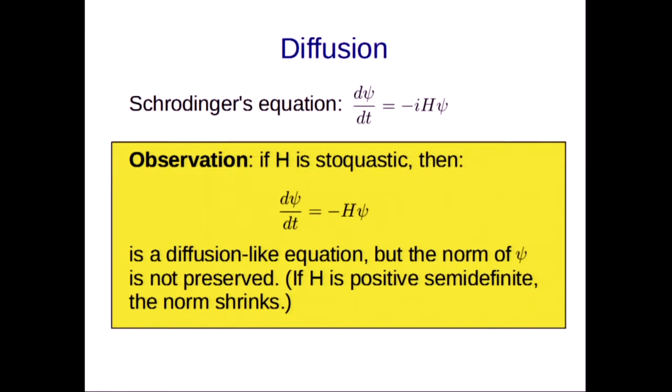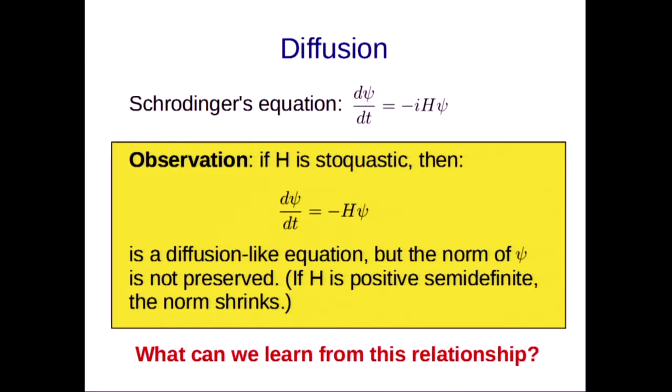And so it's kind of like a diffusion equation, but it doesn't preserve the norm of this vector psi. In particular, if H is a positive semi-definite matrix, then this norm is going to shrink with time. So this is some kind of mathematical analogy.